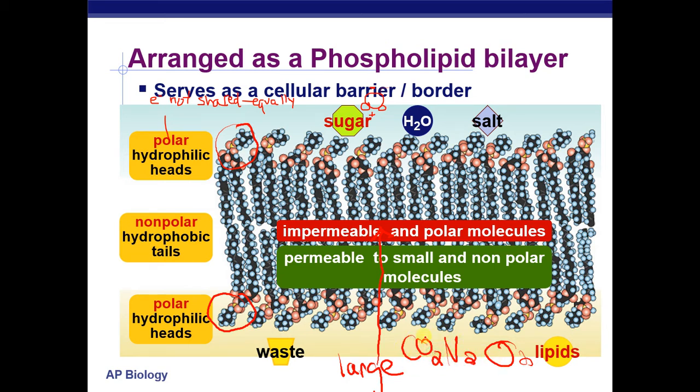These things are small, nonpolar, and so they can easily cross the plasma membrane in the case of oxygen, or out, like carbon dioxide and nitrogen would want to get out of the cell. So that's going to be important to remember, that it can't be crossed by large or polar molecules, but it can let in small and nonpolar molecules.